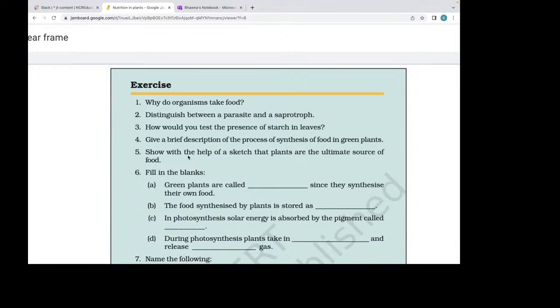Okay, show with the help of a sketch that plants are the ultimate source of food. So we can draw a sketch.